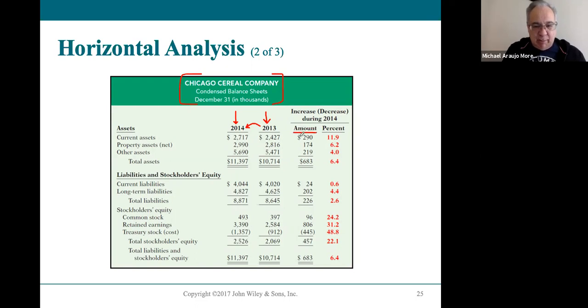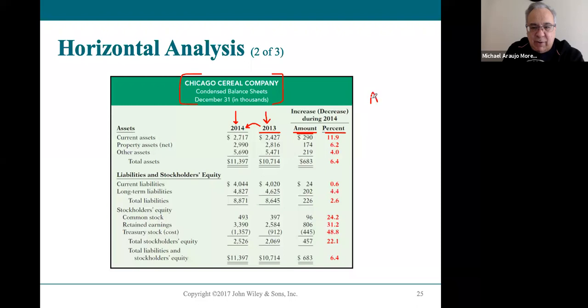What is the actual amount, which in this case, the amount of current assets increased by 290 because it went from 2427 up to 2717. That's an increase of 290. Then we put it as a percentage. To get the percentage, we will take the difference here, which is the 290, and divide it over the base year. The base year is the number from 2013.